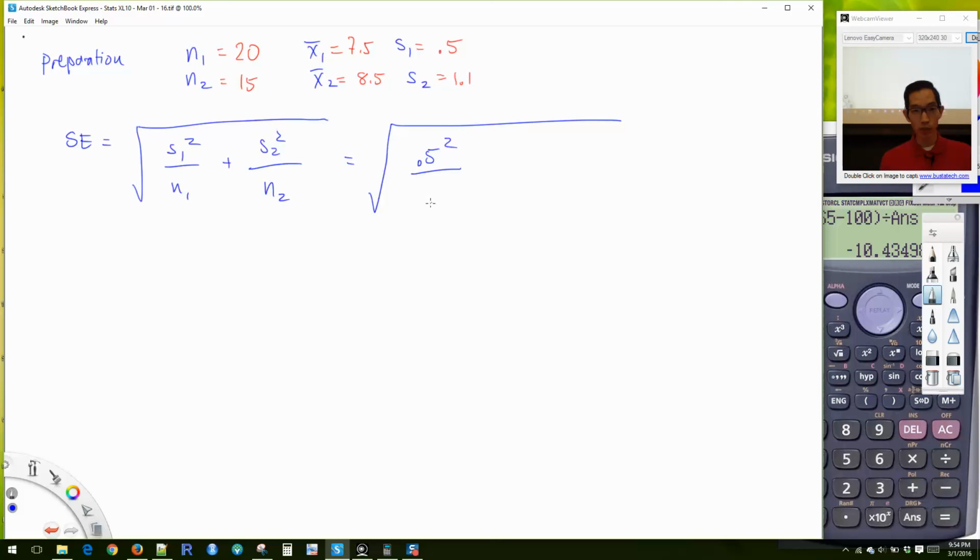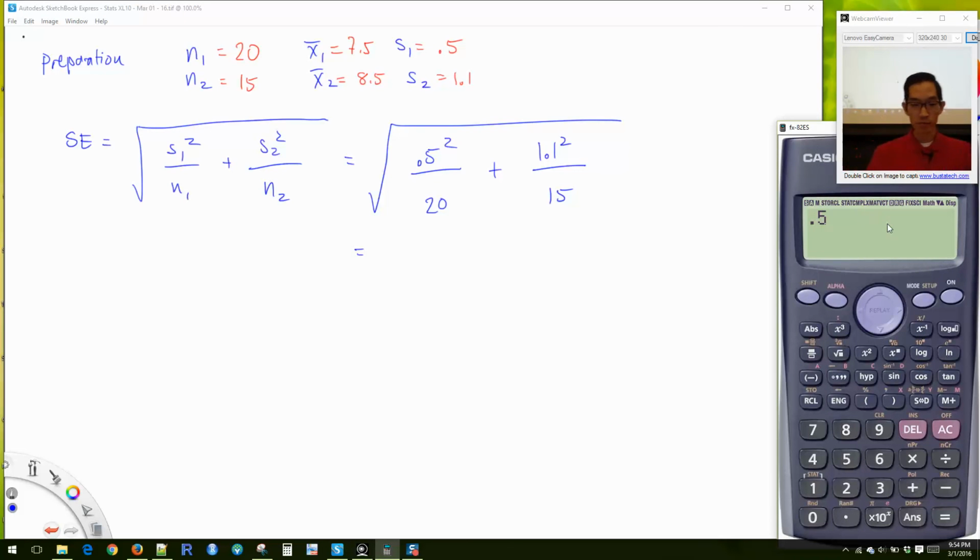Just plugging in S1, S2, N1, and N2, we're going to have 0.5 squared divided by 20 plus 1.1 squared divided by 15. I hit enter, and we get 0.30523.